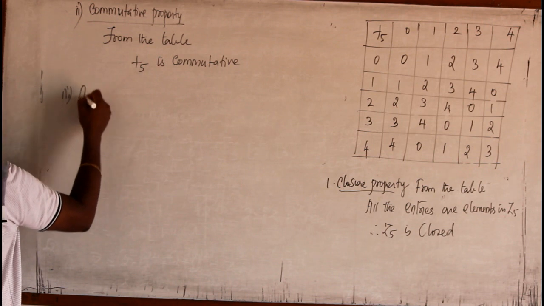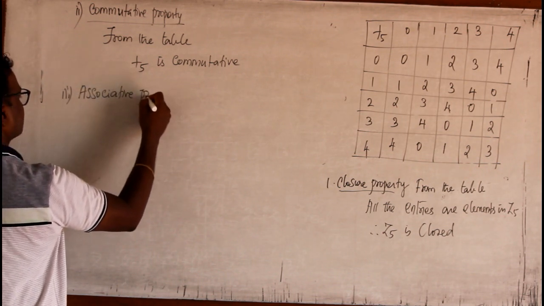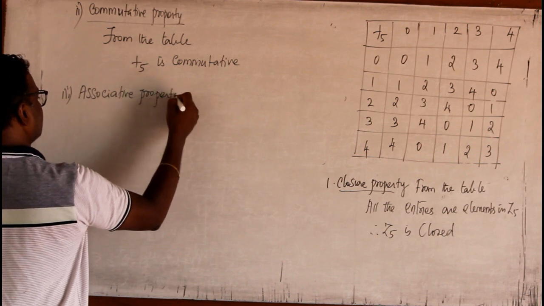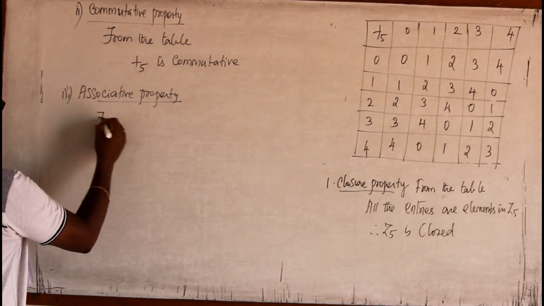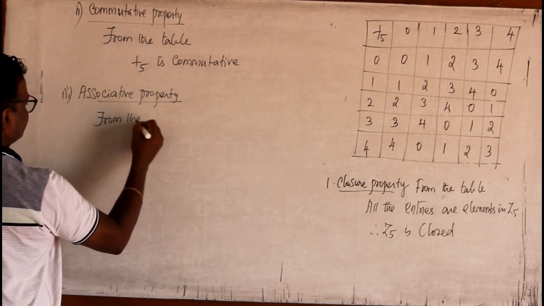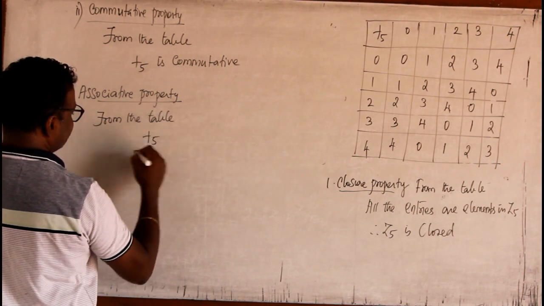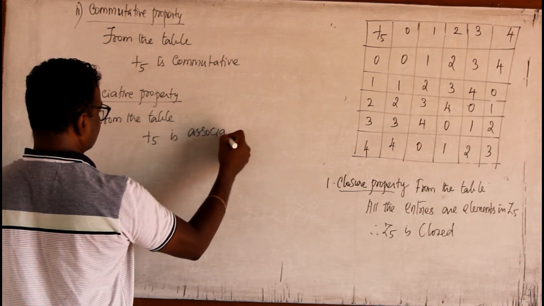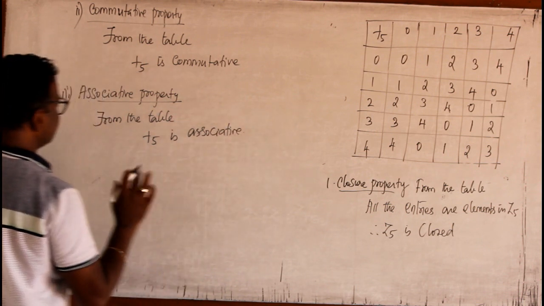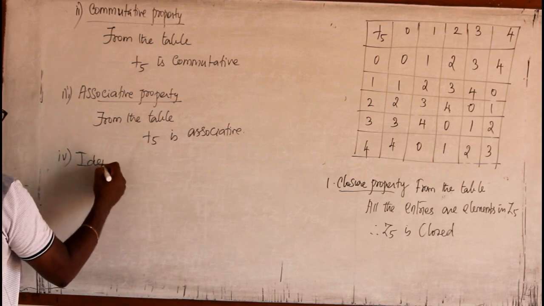Third one, associative property. Again, addition will always be associative, so you can say from the table Z5 plus 5 is associative, because we know addition always obeys the associative law. Identity element.